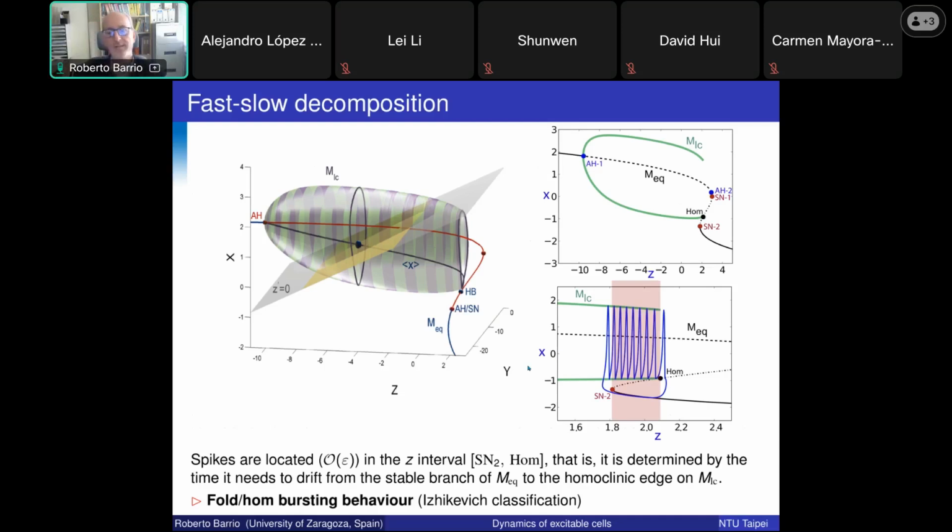And the other one is why the fast dynamics, the oscillation dynamics, is finishing. So the first is related with the end of the slow dynamics. In this case, it is due to this fold bifurcation of the equilibria, a fold, or sudden loss.